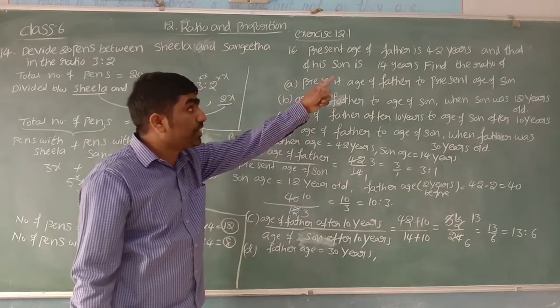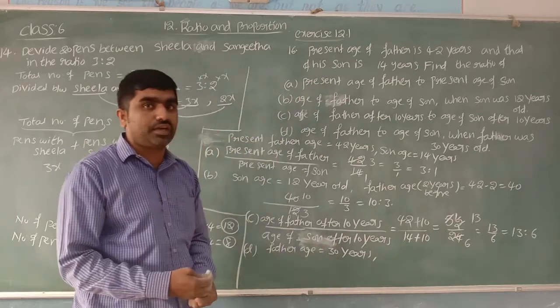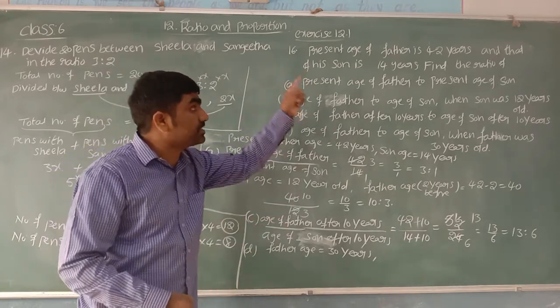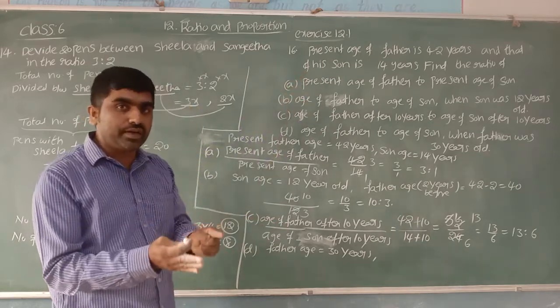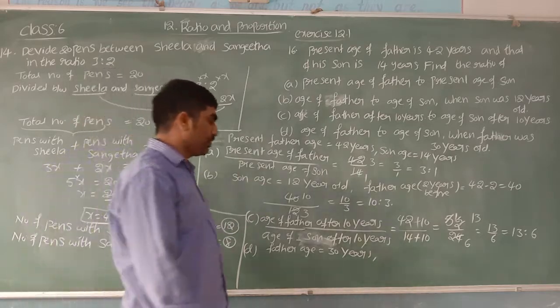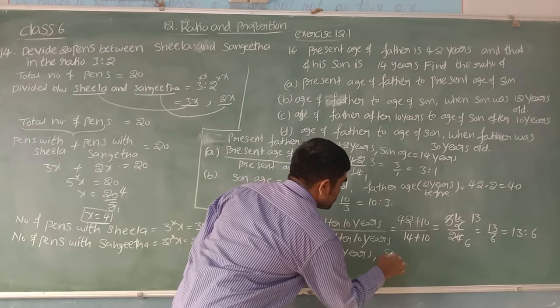Now we got 42 minus 12 gives us 30. 12 years ago, what is the son age? Sir, present son age is 14 years. 12 years ago, 14 minus 12, son age is 2 years. We can write down son age.